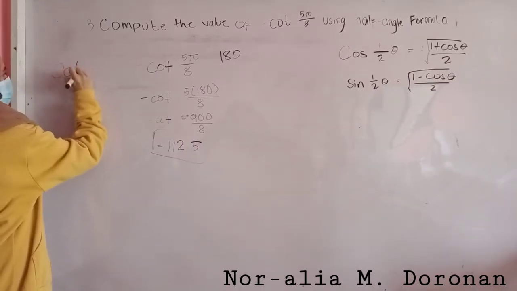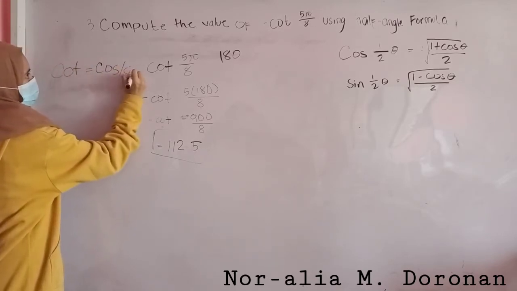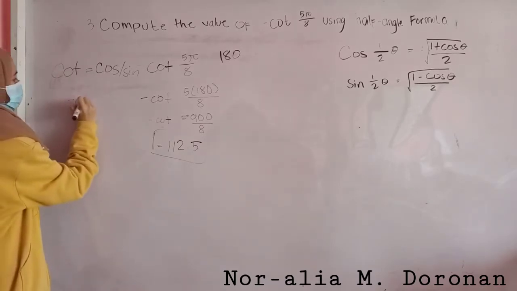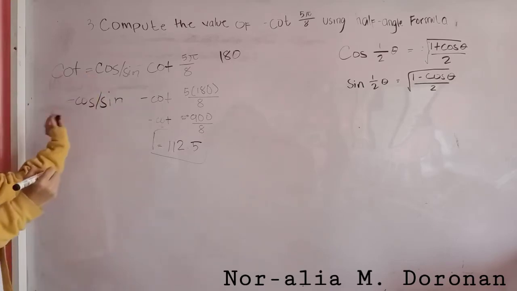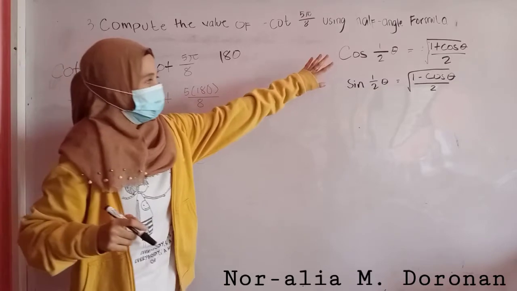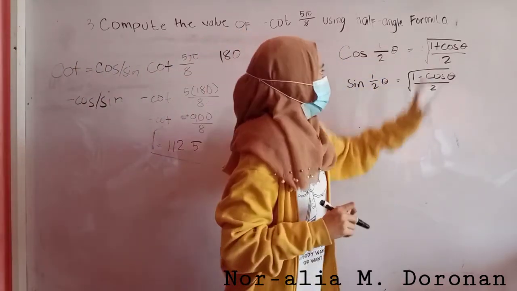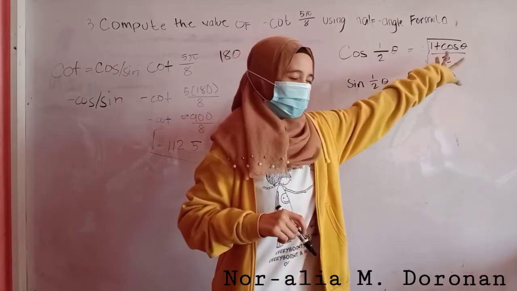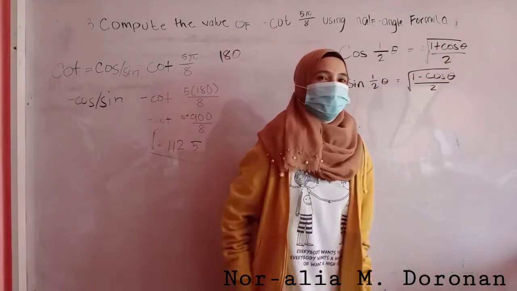Since cot is equal to cos over sine, and since the given is negative, it becomes negative cos over sine. So the cos will be negative. First, we will get the cos of 1 half theta, which equals the square root of 1 plus cos theta over 2.